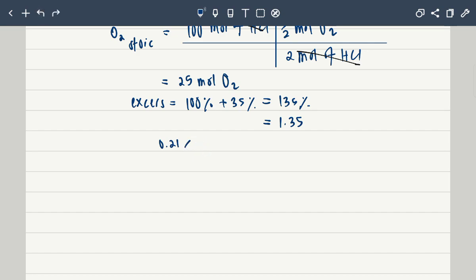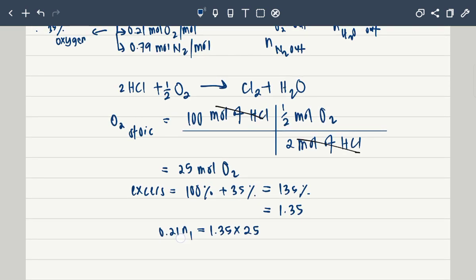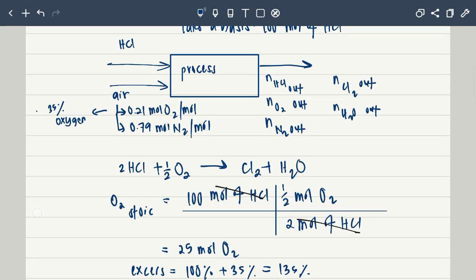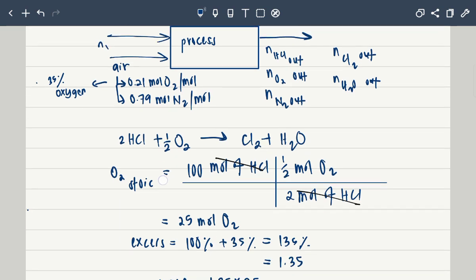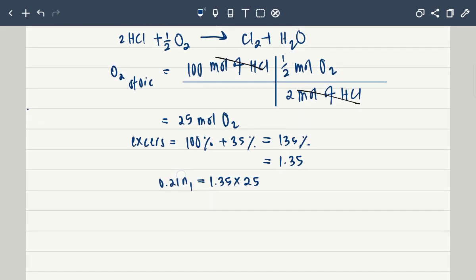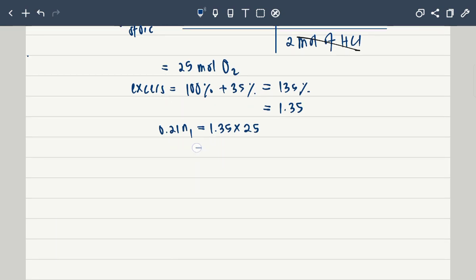So N1 macam ni. So 1.35 times by 25. Okay, 0.21 times N1. N1 kat sini, like the whole mole of air kita nak cari. Okay, so times by 1.35 times 25.